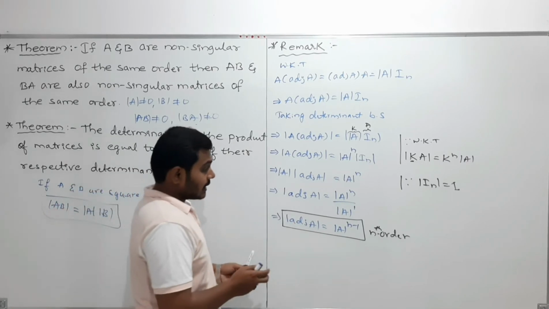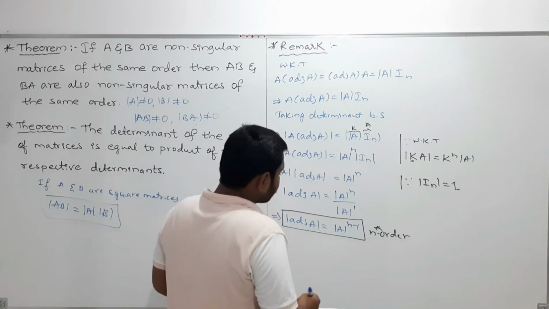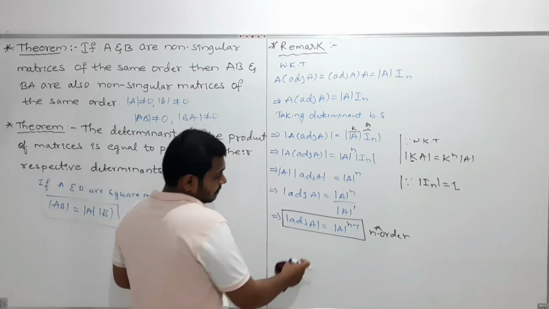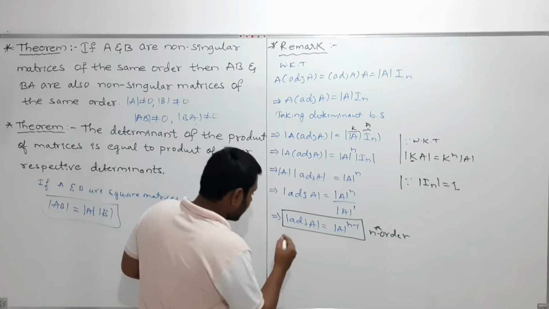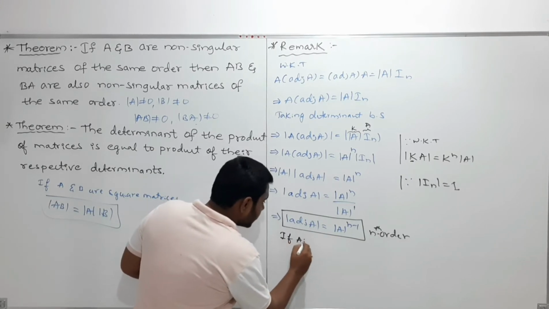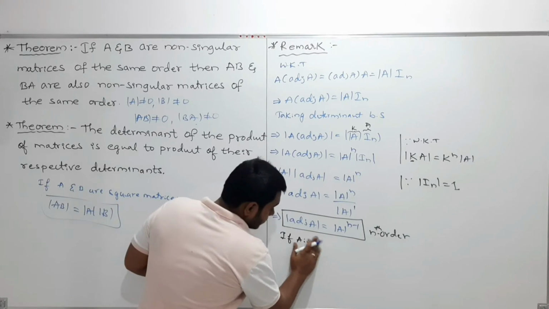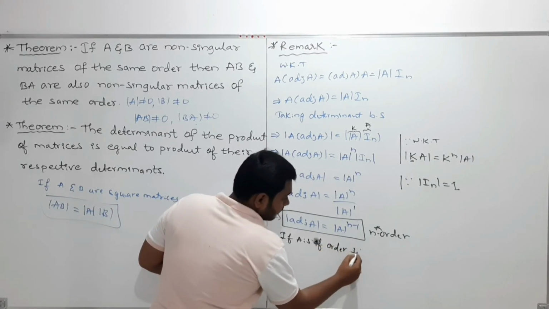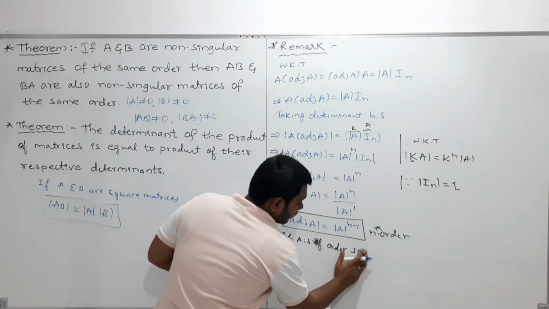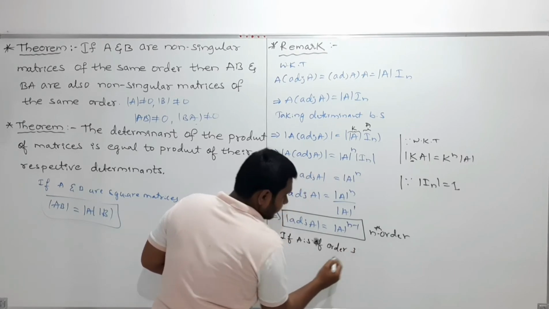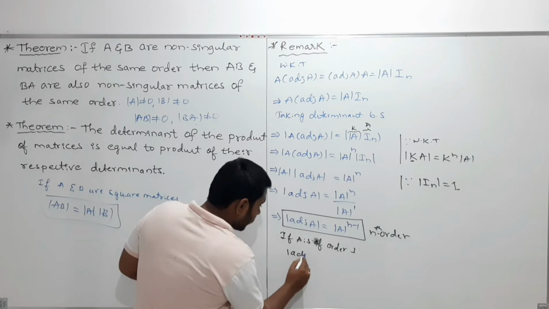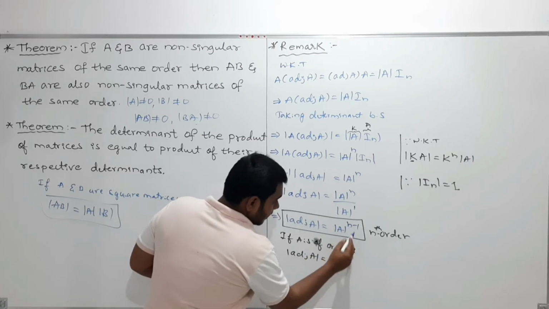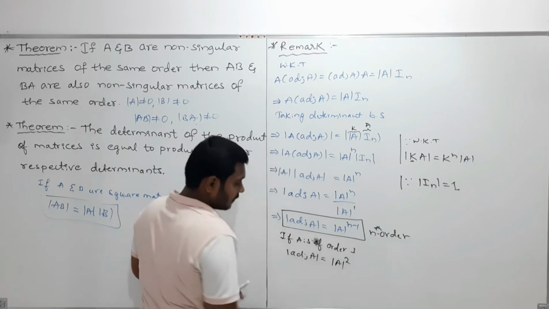And now, my dear students, if for example A is of order 3 cross 3, then determinant of adjoint of A is equal to determinant of A to the power 3 minus 1, which is nothing but determinant of A square.